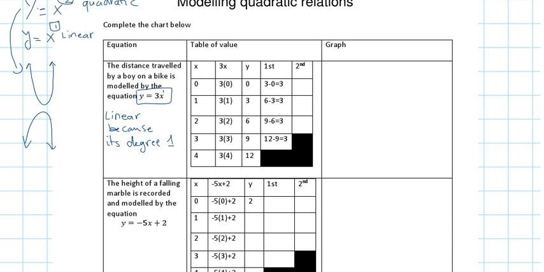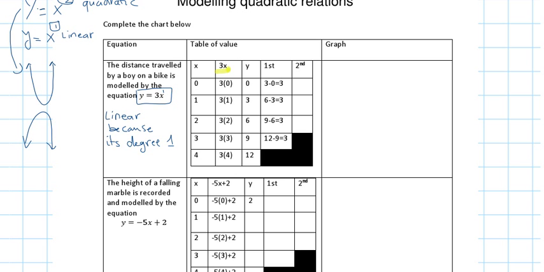Now we're going to see what happens if I have them in a table of values. In a table of values, you have two things: the x values and the y values. So this would be your x values, and here we have the equation, which I just gave you: y equals 3x. And I gave you the x values.